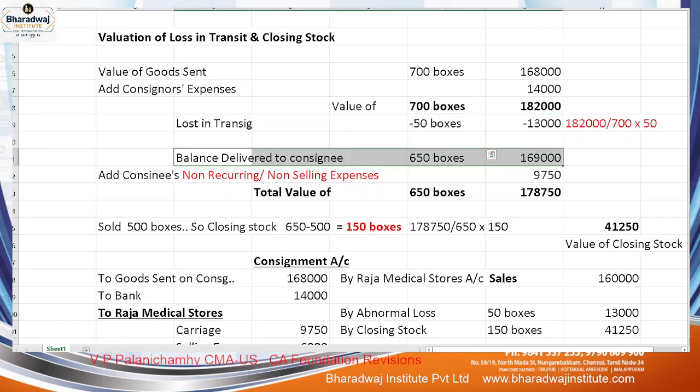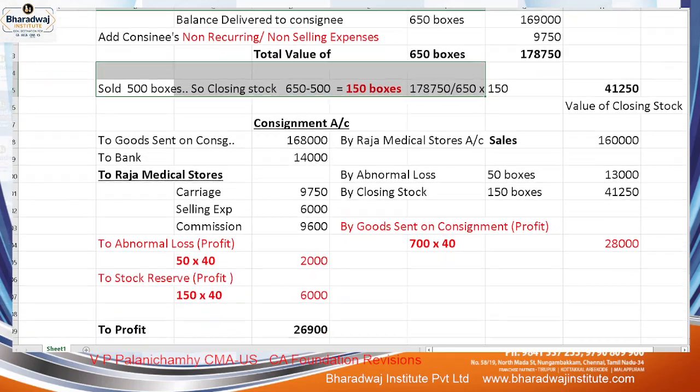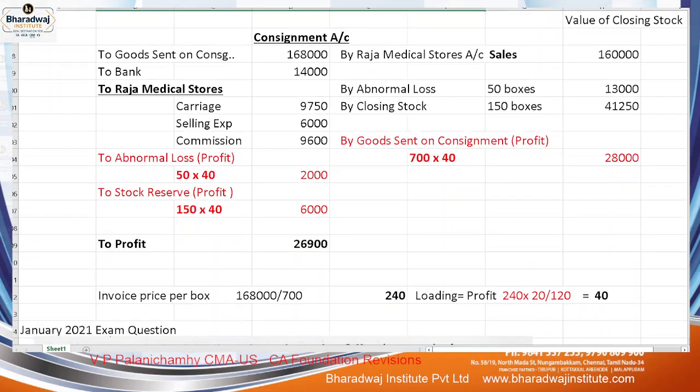Then add the non-selling expenses of the consignee. 650 boxes comes. To find out the value of which one? Closing stock. Then we prepare the consignment account. Profit elements are removed on the opposite side. Goods sent on consignment on the opposite side, the 700 boxes into 40 rupees per unit. Then the abnormal loss profit element on the debit side to stock reserve. Instead of that, you can put consignment stock adjustment account.